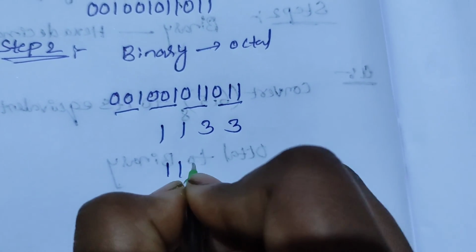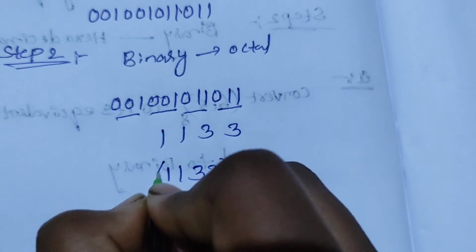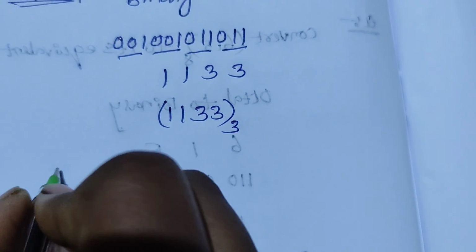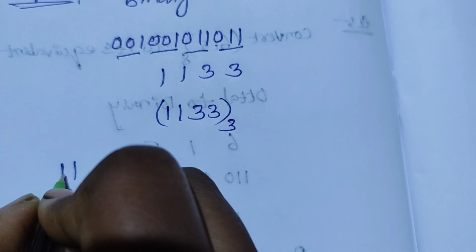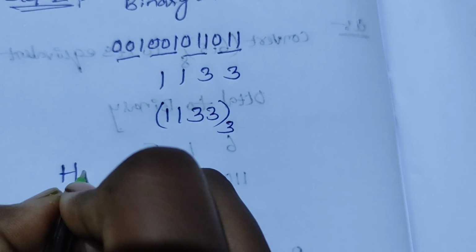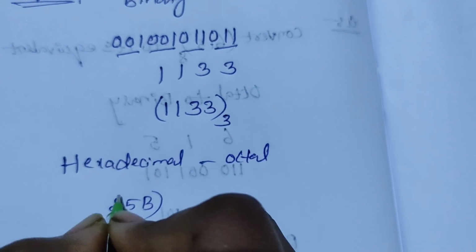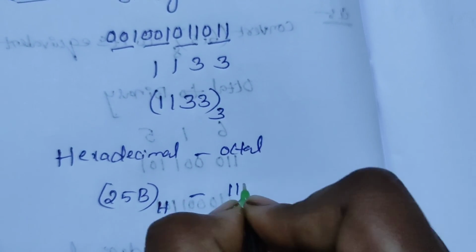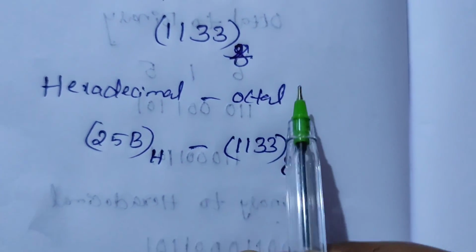So 1, 1, 3, 3 is the equivalent octal. This is the octal representation of the hexadecimal value. That is, 25B is converted to octal as 1133. This is base 8.